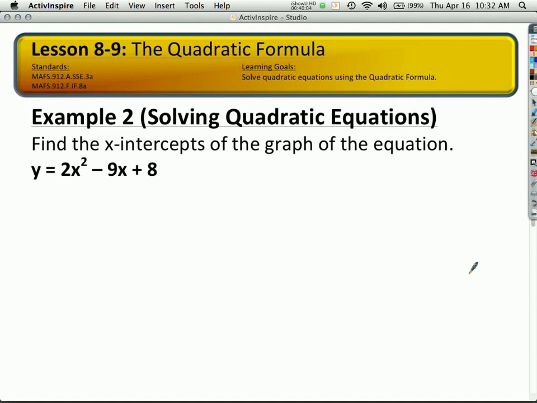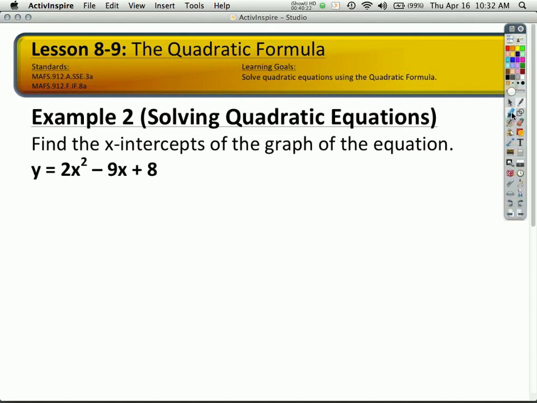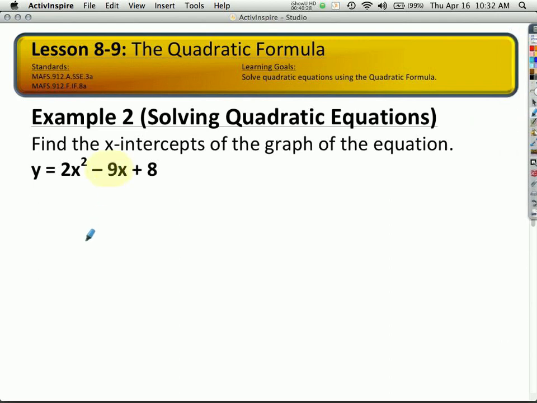We could try to do square roots. Will square roots work with this? Give me a thumbs up if you think we could do square roots. Okay, someone explain why. Why can we not? Angela, why can we not? There's a middle term. You said that beautifully. What is the middle term? 9x. Yeah, this is the middle term, and that means we can't use square roots. Beautiful.